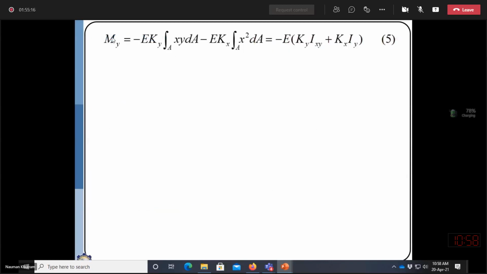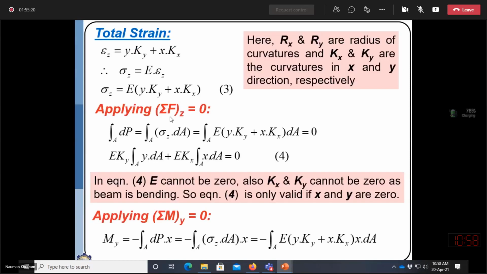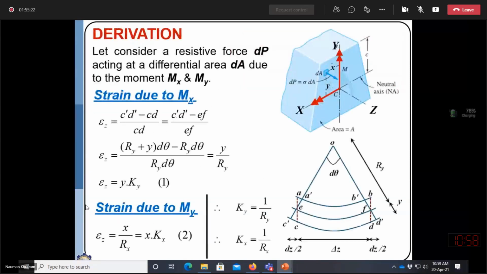Because if the moment is positive, then the curvature will be negative. I will explain here. If the moment is producing tension at the bottom surface, that is a positive moment. But due to positive moment, curvature or deflection is produced in the minus y direction. So curvature will be negative if the moment is positive.